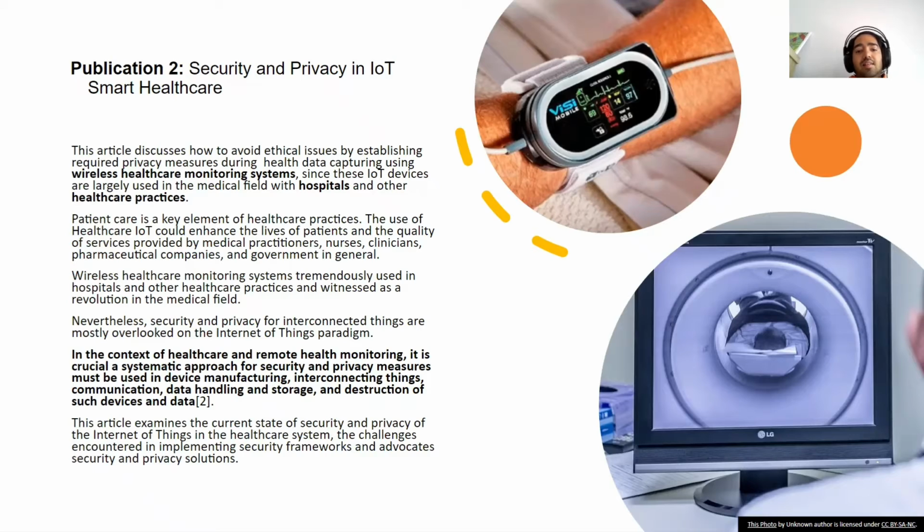So this kind of data is captured, and this article shows that this should be done with proper safety and privacy measures. It recommends that the producers and manufacturers of these devices comply with the necessary privacy precautions when accessing patients' data, because these are patients' data.